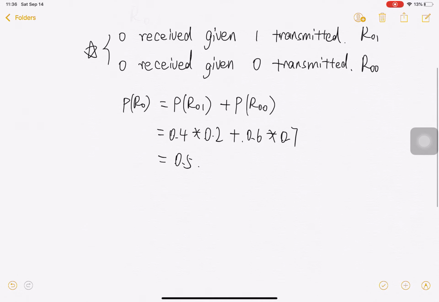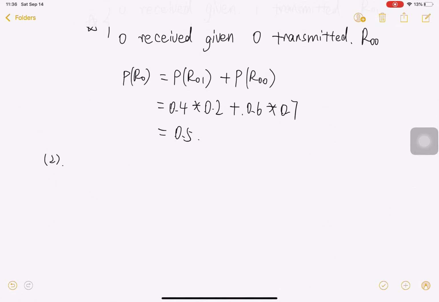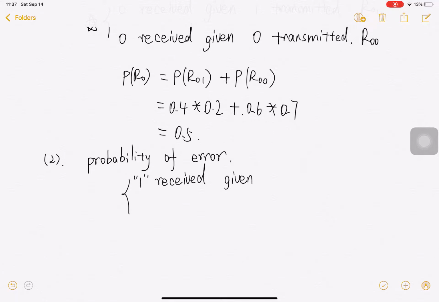Okay, let's jump to the second question. The second question is the probability of error. And we have the definition of error here. It's also two events. The first one is 1 received given 0 transmitted.